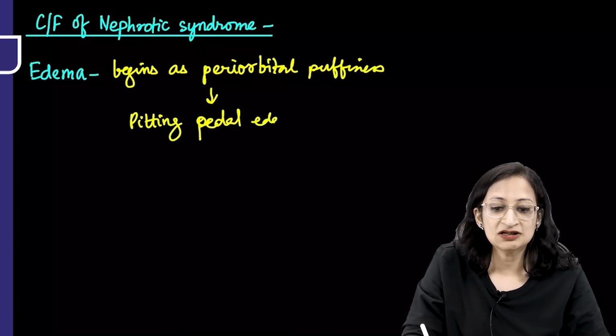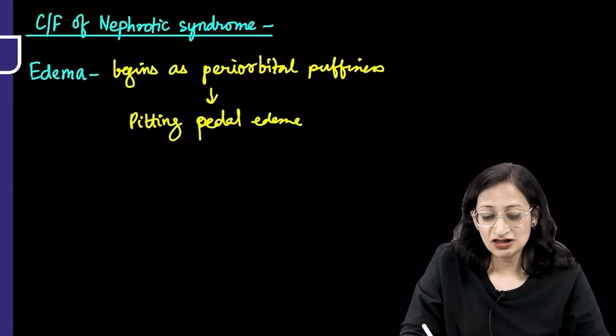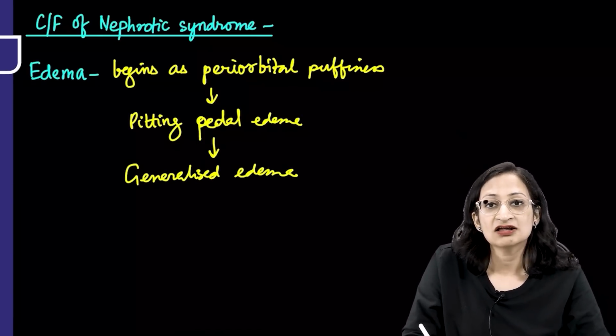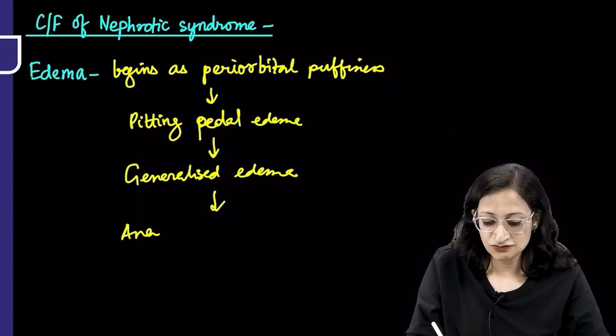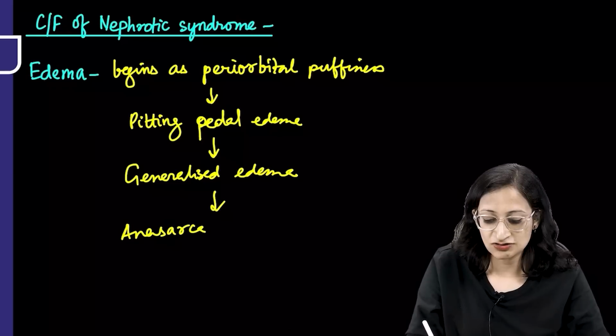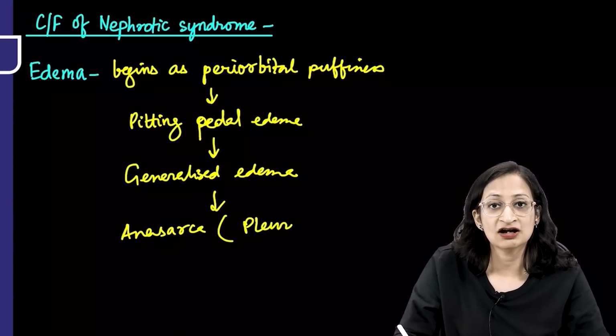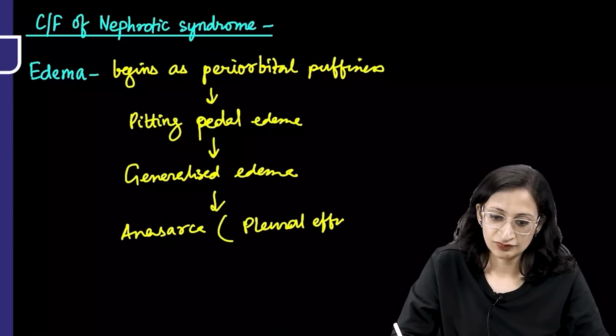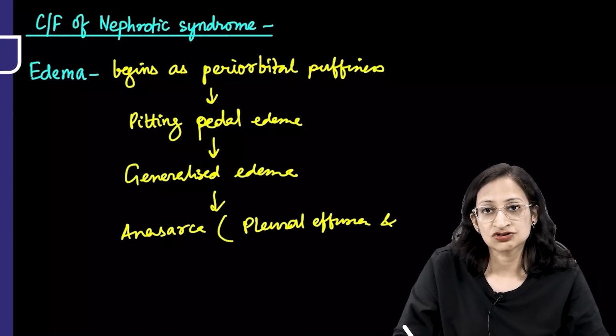Then there is generalized edema or anasarca. Anasarca means there is fluid in other cavities as well, like pleural effusion and peritoneal collection.